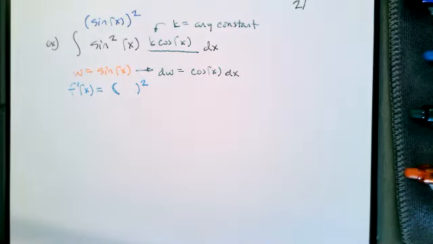So the important thing to be able to do is to look at an expression and read what that expression is asking you to do. In the first example, we had the sine of the square of x. And in the second example, we had the square of the sine of x.